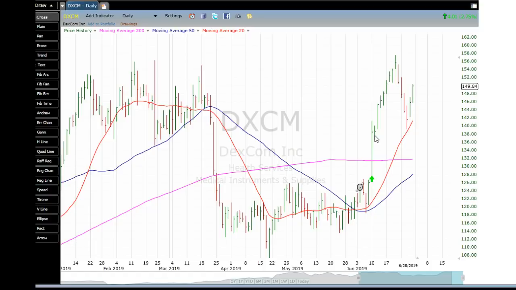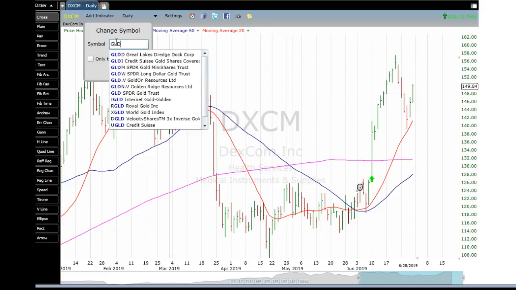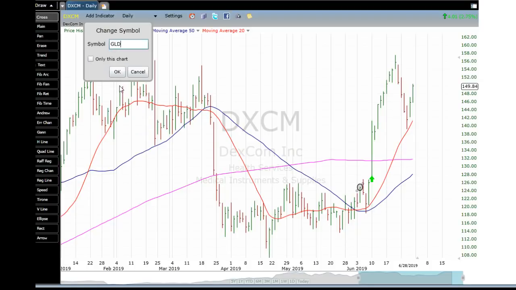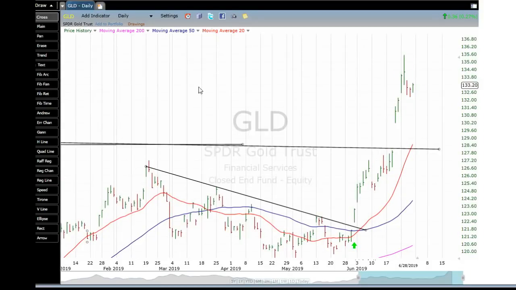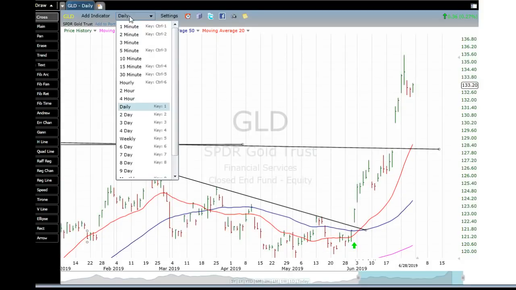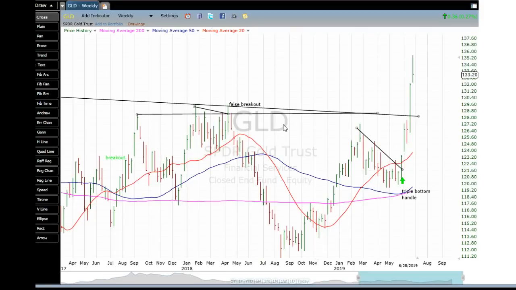And then let's take a look at GLD. This offers a great example. We put subscribers long GLD calls prior to the breakout. And let's take a look at the weekly. Show how uncannily that defined a low.